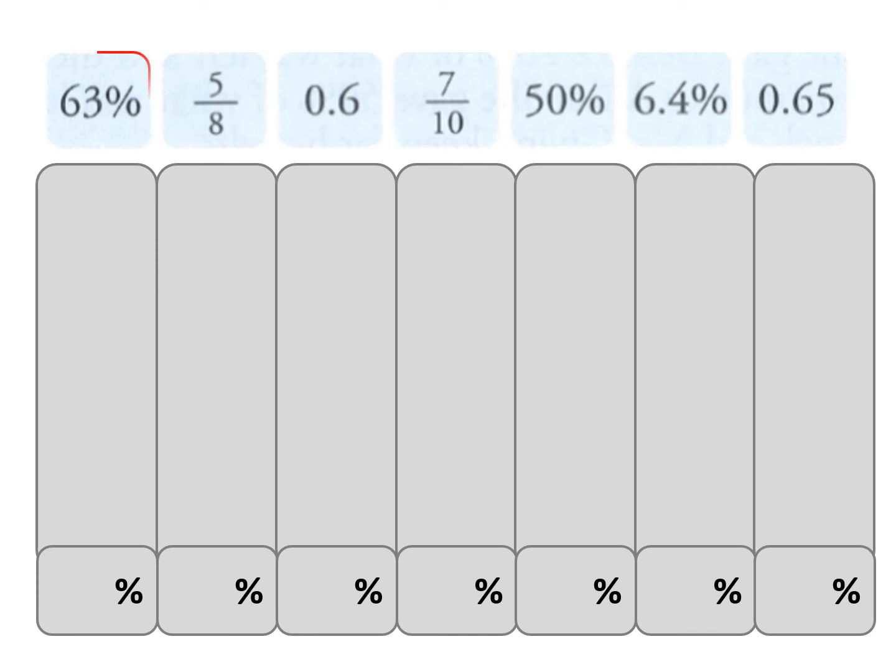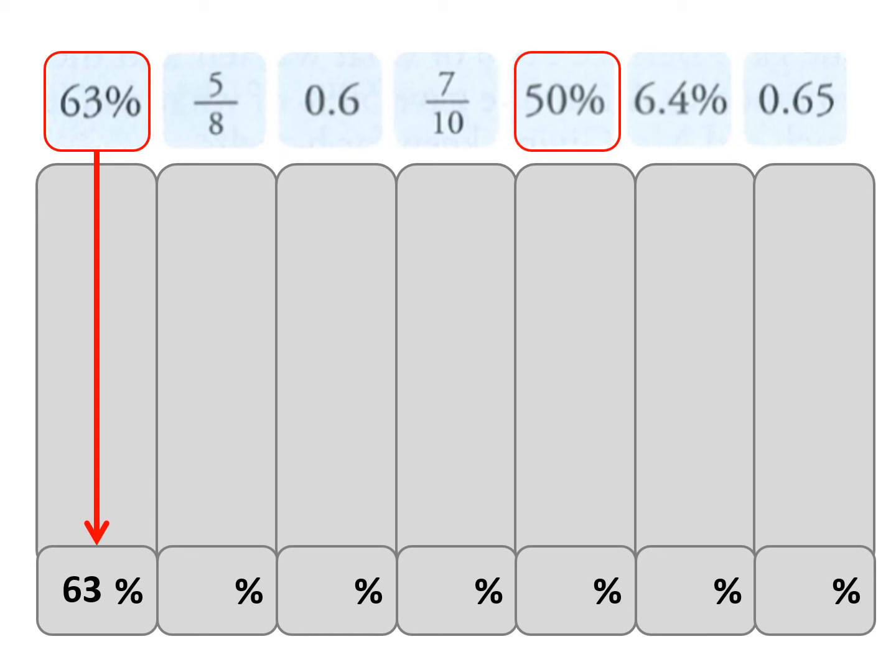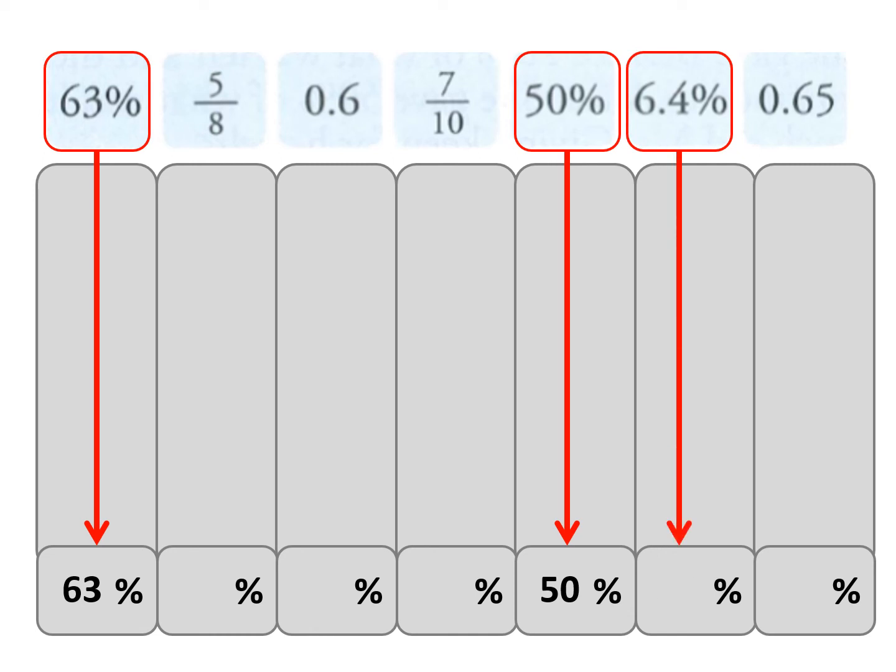63% is already in percent form, so we can just write 63%. 50% is already in percent form, so we can just write 50%. 6.4% is already in percent form, so we can just write 6.4%. 6/10, we're going to move the decimal point over 2 times to the right, and we're going to get 60%.